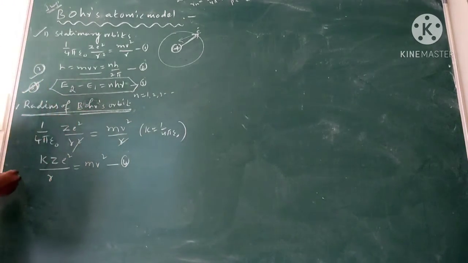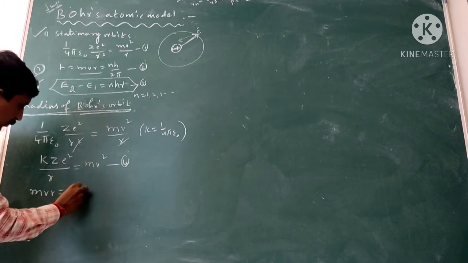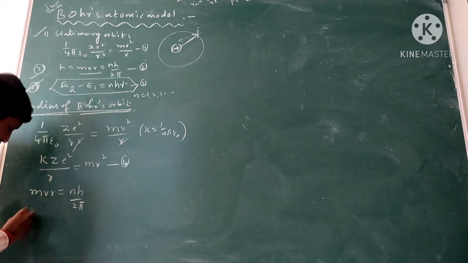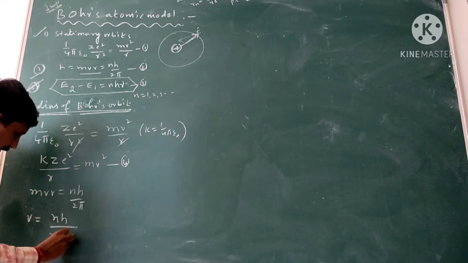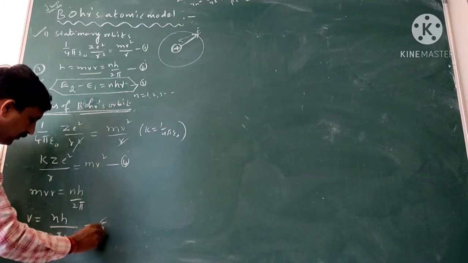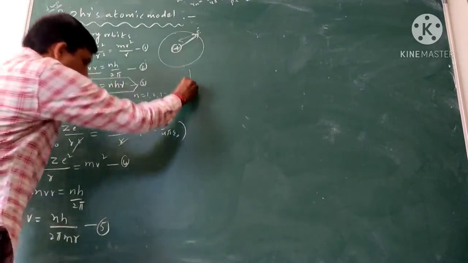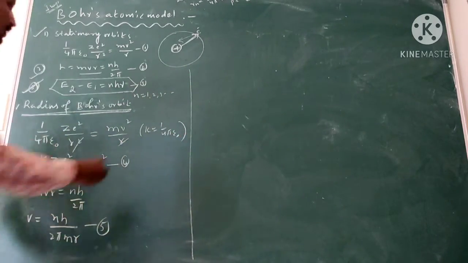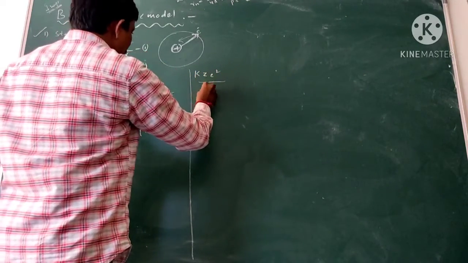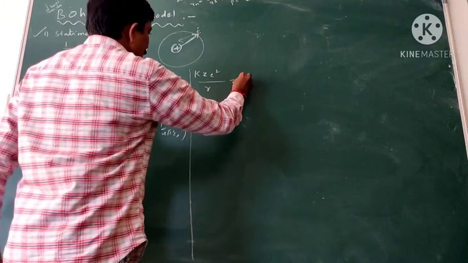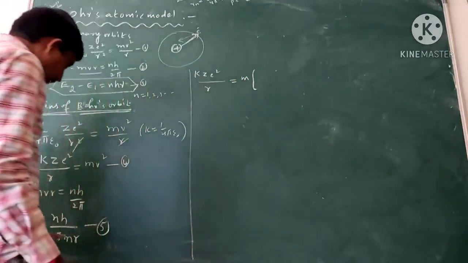According to the second postulate, m v r is equal to n h by 2 pi. So v is equal to n h by 2 pi m r. This is equation number 5. Substitute equation 5 in equation 4. So substitute the v value in equation 4: k Z e square by r is equal to m into, what is the value of v? n h by 2 pi m r.